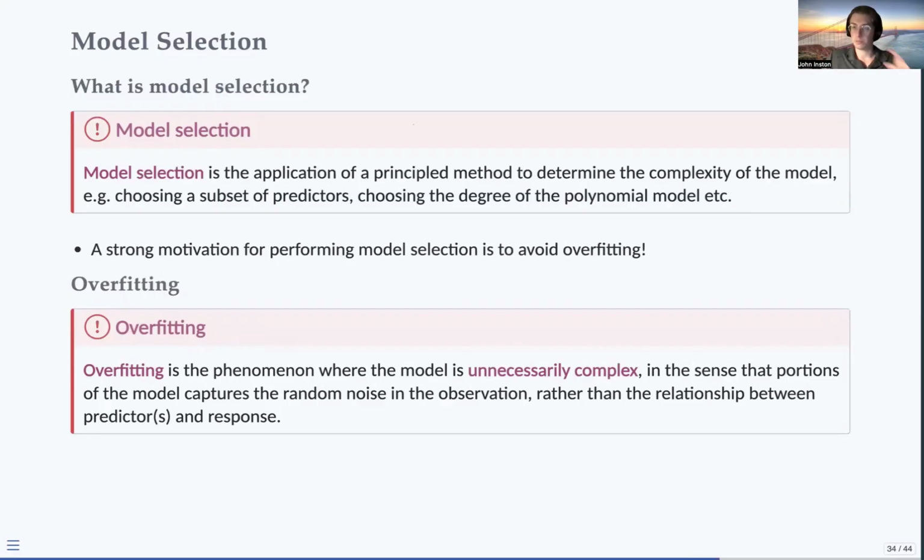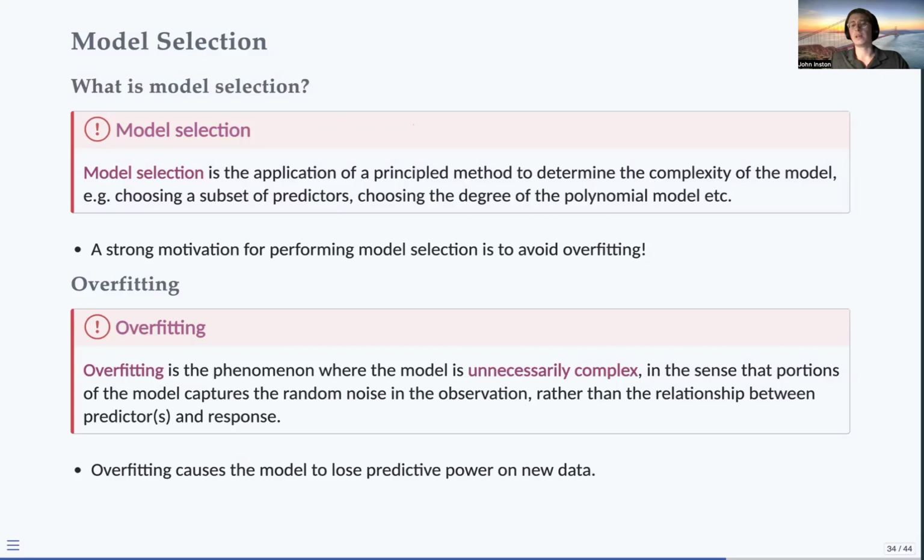To be precise, overfitting is the phenomenon where the model is unnecessarily complex. We've added so much complexity that the model starts capturing the random noise in the observations rather than the relationship. So the main drawback is that overfitting causes the model to lose predictive power.